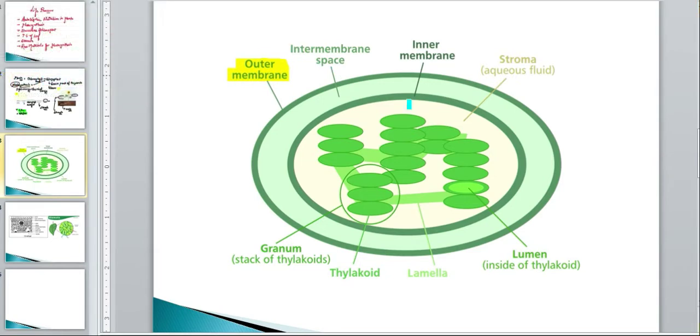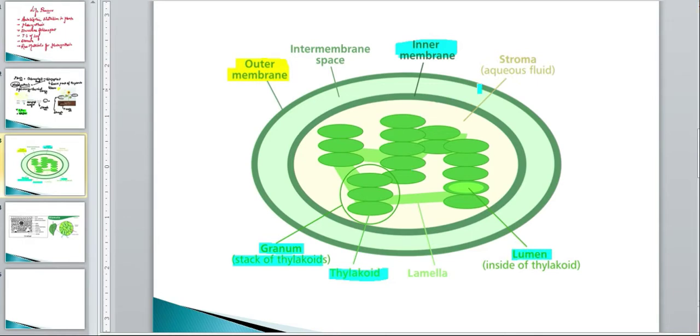This is the inner membrane, right? These coin-like structures are called thylakoids. Thylakoids are stacked one upon another to form the granum. Granum is the stack of thylakoids, that you can get as an optional question as well. And the inside space is called the lumen, right?